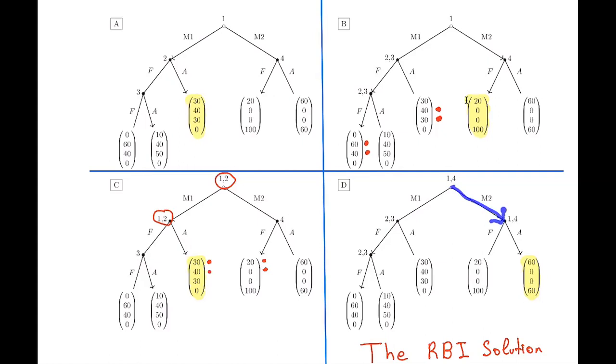If player 1 chooses M2, player 4 can then choose A, which leads to the outcome 60, 0, 0, 60, which is better for both player 1 and player 4, right? And notice that the outcome over here was disastrous for player 4.